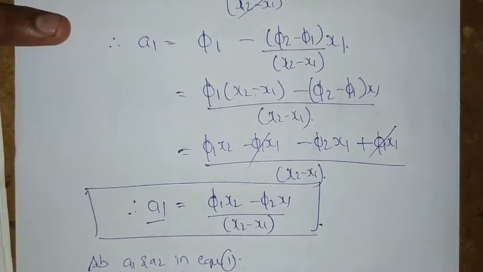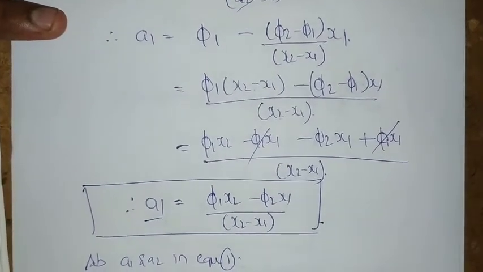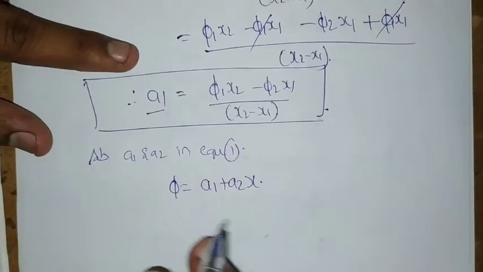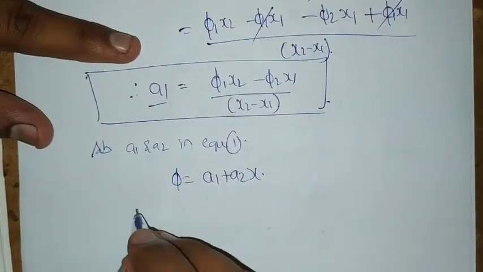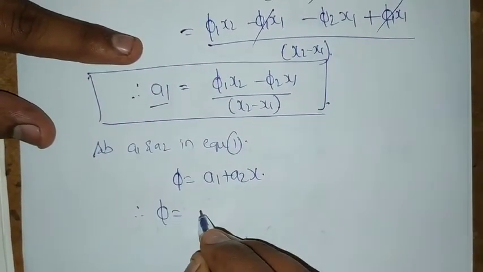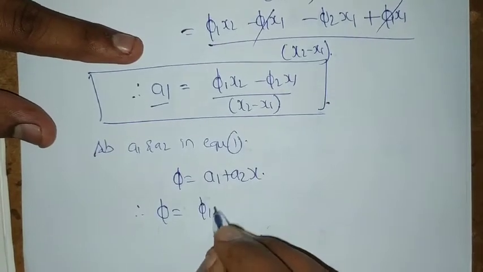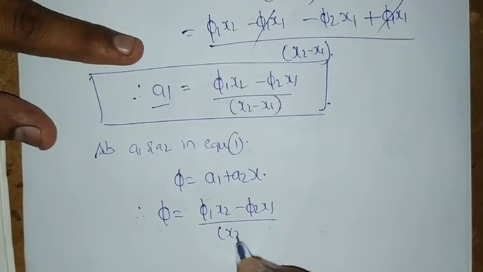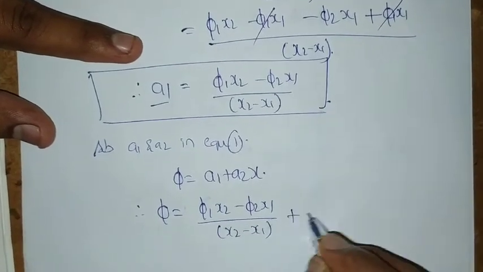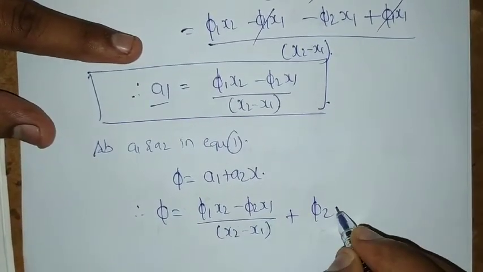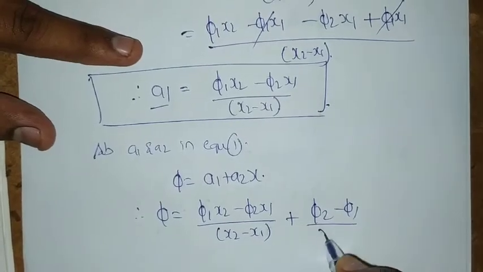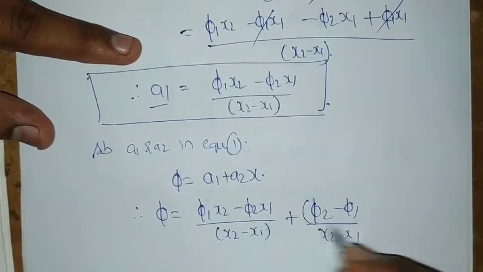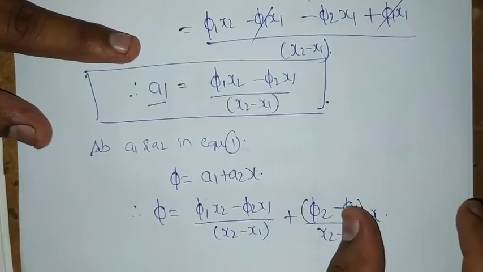Pi is equal to a1 plus a2 x. Therefore pi is equal to a1, which is nothing but pi 1 x2 minus pi 2 x1 by x2 minus x1, plus a2, which is nothing but pi 2 minus pi 1 by x2 minus x1, into x.